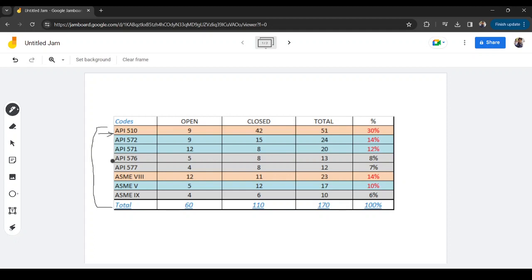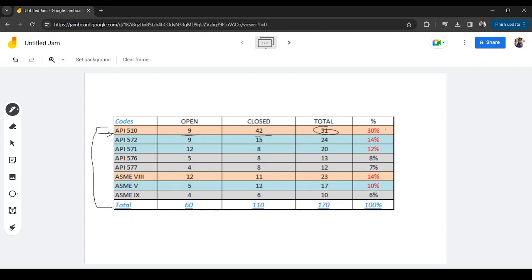When you look at the API 510 code, which is the main code that we have to refer to, this is the main examination that we are given. It's hardly 80 pages. For this API 510 code, there are generally 9 questions in the open book examination and almost 42 questions in the closed book examination. This leads to a tally of 51.